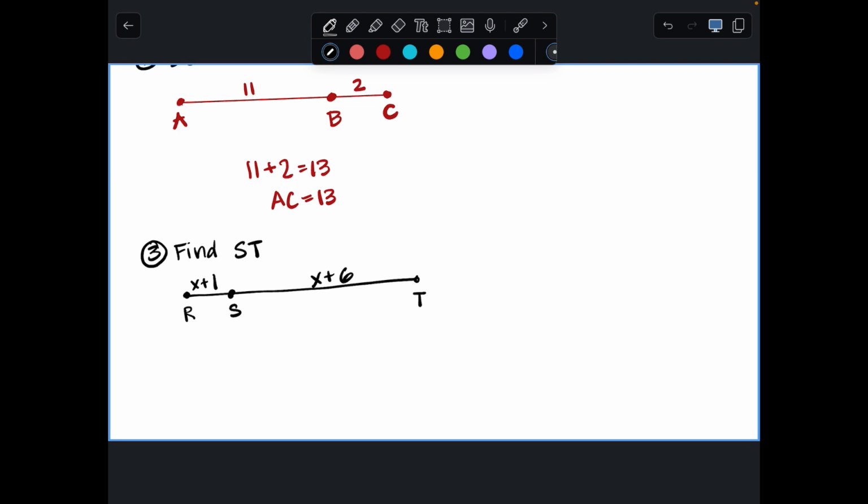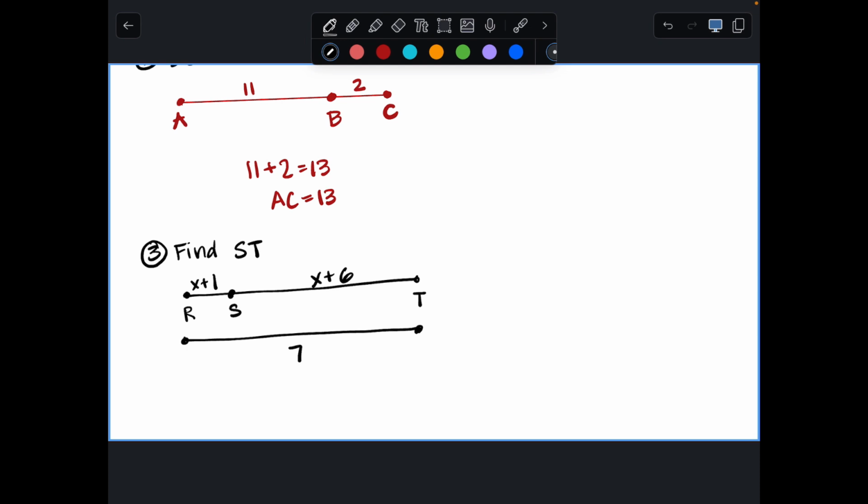So you'll need to set up an equation to solve this. So if I want to know the length of ST, I'm going to have to know what X is.